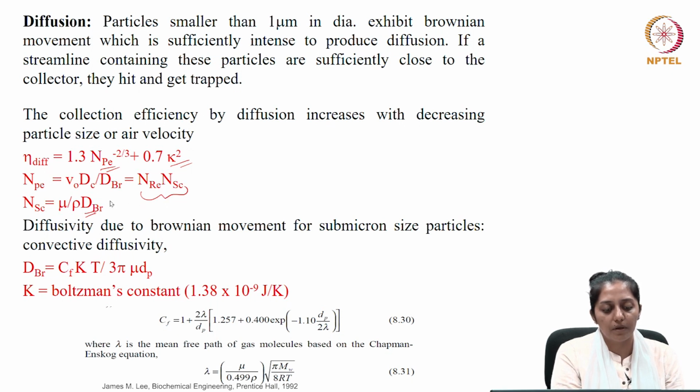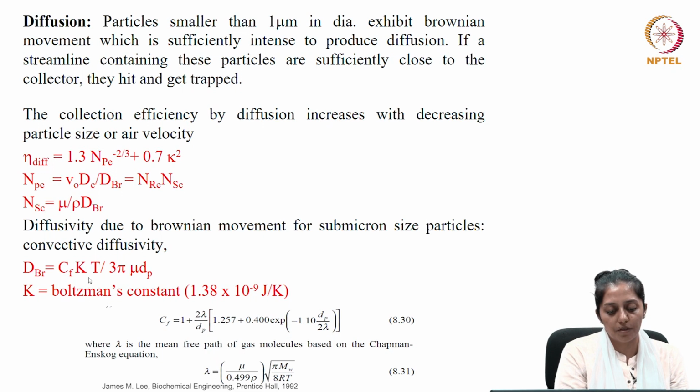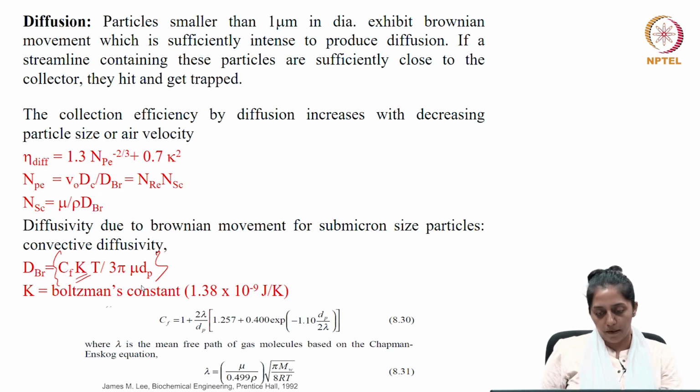The Schmidt's number is defined by the convective diffusivity due to Brownian movement, which would depend on the diameter of the particle, and the Boltzmann constant, where K in the diffusivity function is the Boltzmann constant, Cf is the correction factor, in turn given by the function shown here.